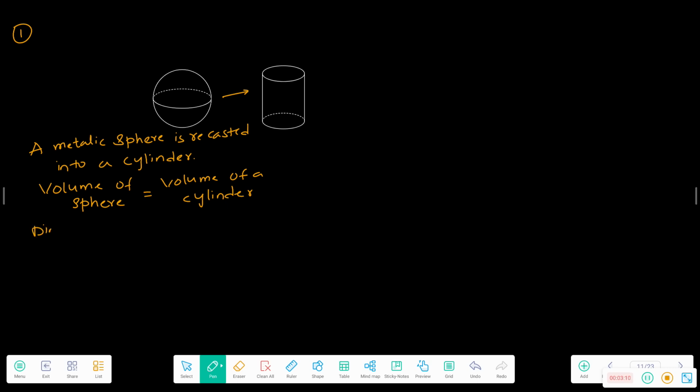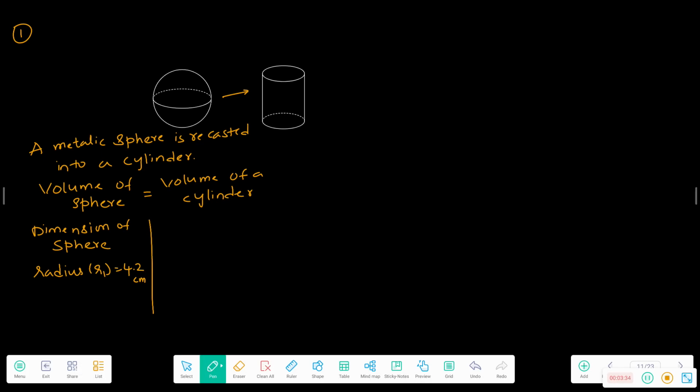We have only the radius in this, so let us take it as r1, and it is given as 4.2 centimeter.